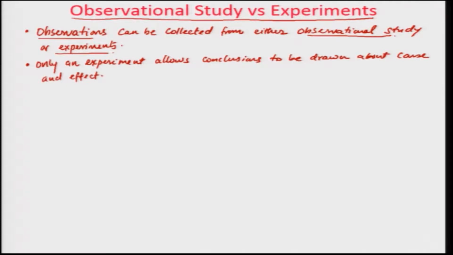So, what we are saying here is, whatever the experiment be, only an experiment allows conclusions to be drawn about cause and effect. Cause and effect is what is causing this and what is the effect of it. Such conclusions can only be drawn from an experiment, cannot be drawn from an observational study. Let us take an example to differentiate this.